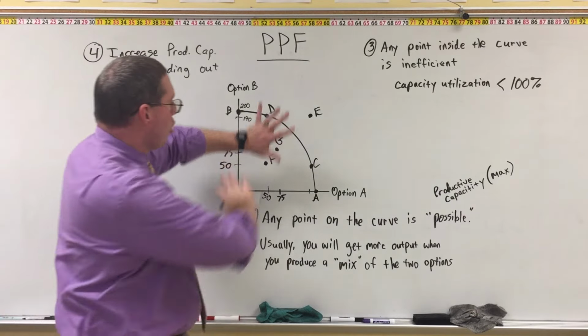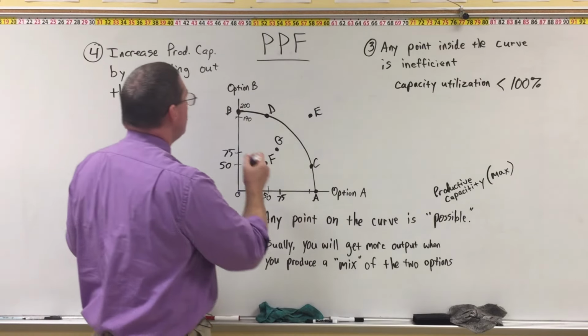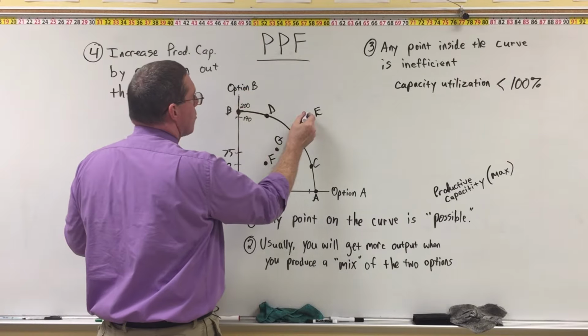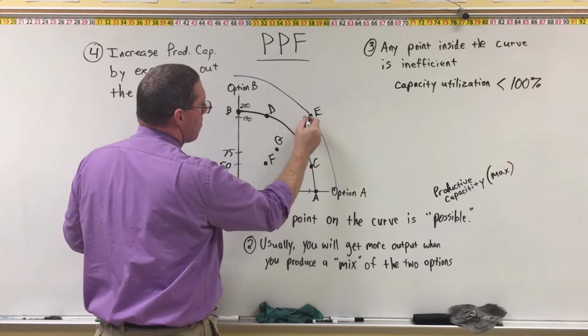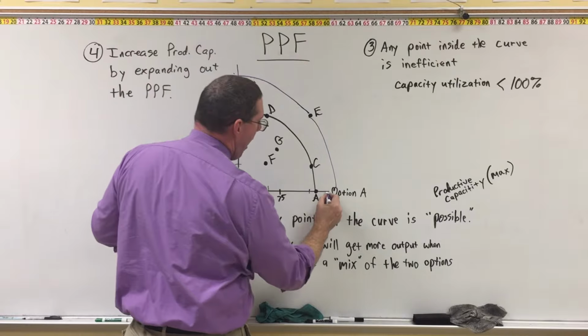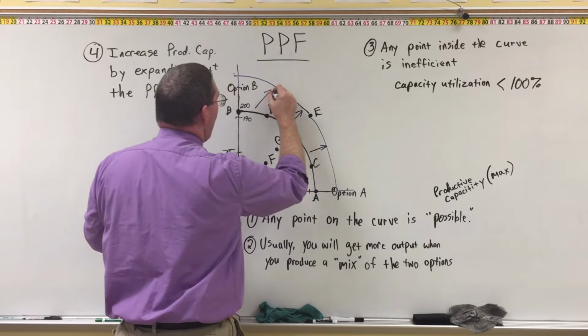By moving this curve out, I'm going to grab a different color here. If we were to expand out the production possibilities frontier so that it went out here, then look, we could now produce point E. That would then be possible. But the question is, how do we move the production possibilities frontier out?